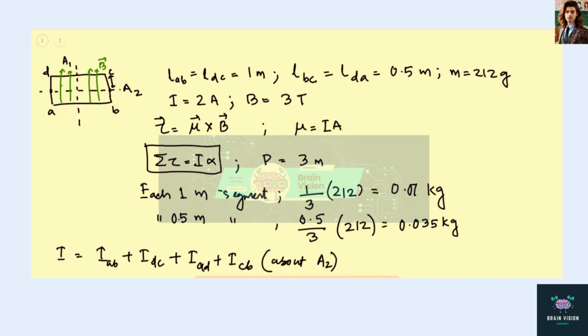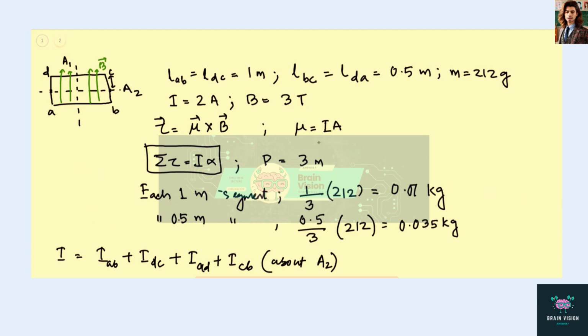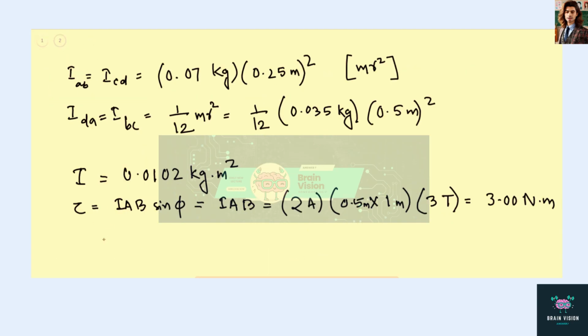The torque about A1 is zero. Now alpha will be equal to the torque that we calculated over the moment of inertia that we found here, and we get that value to be 290 radian per second square.